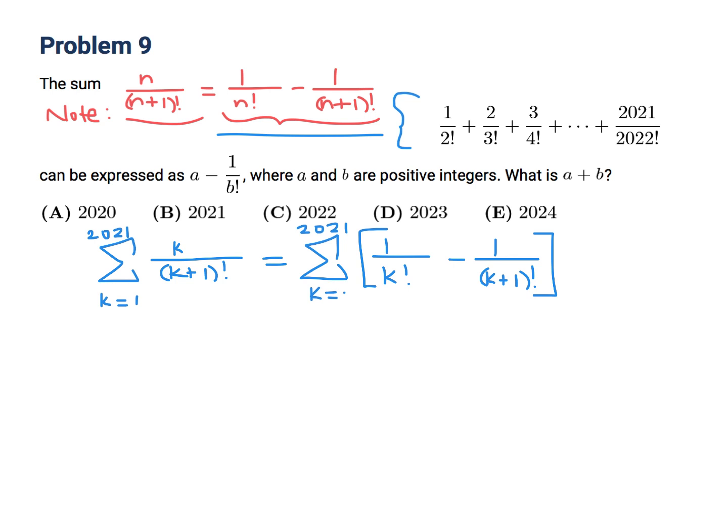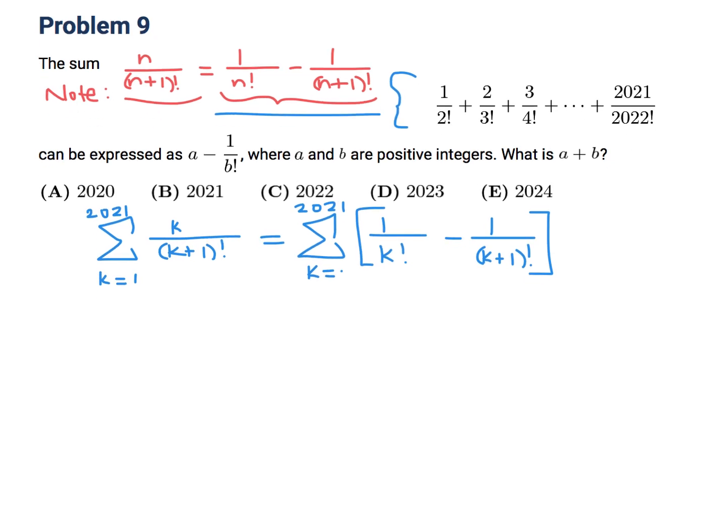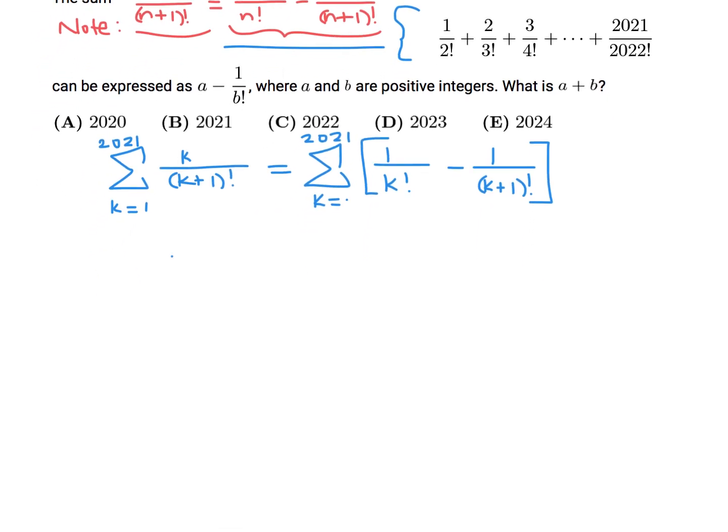Okay, well, let's see what happens here. When you expand this, you basically will get 1 over 1, and I'll put the minuses on the other line, so minus 1 over 2 factorial.